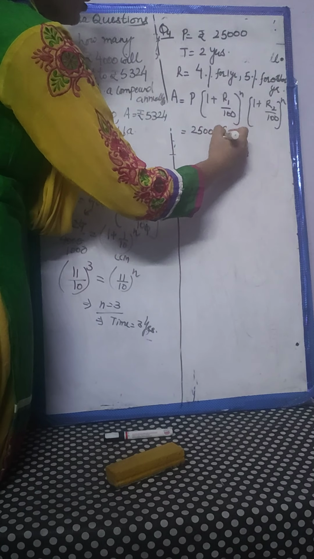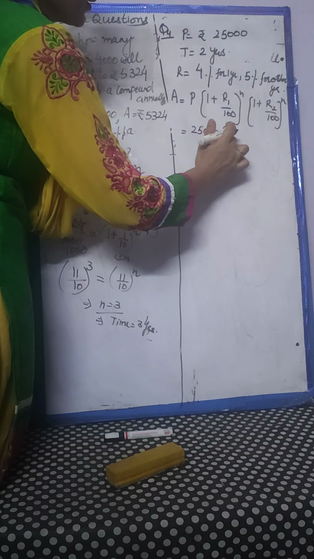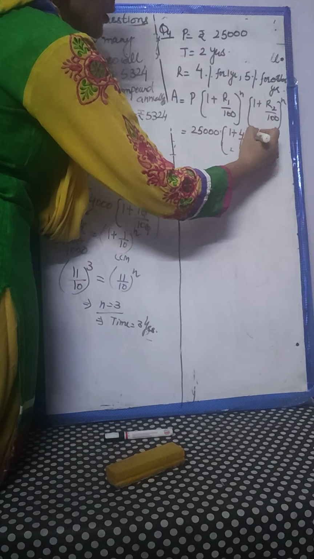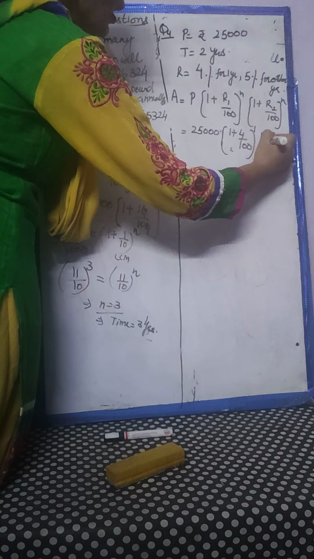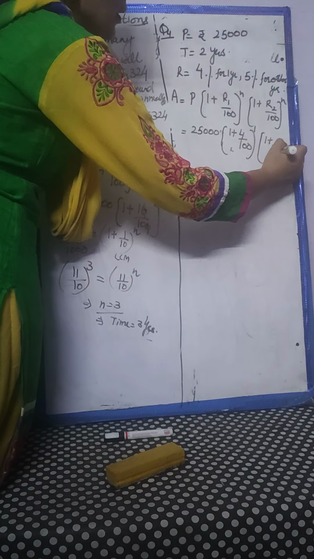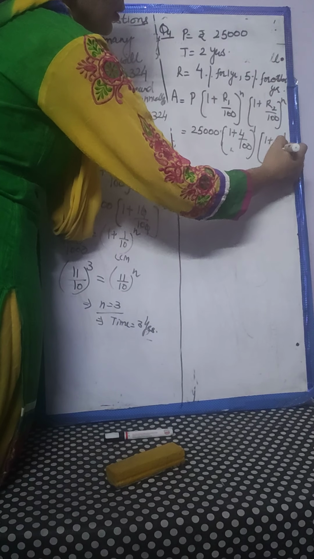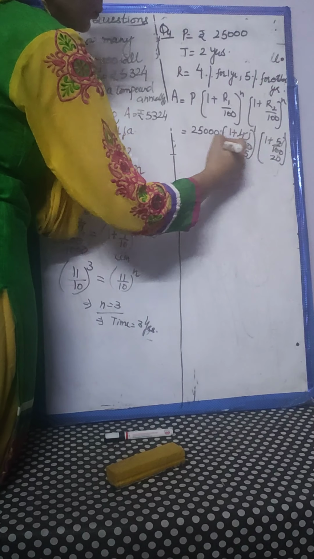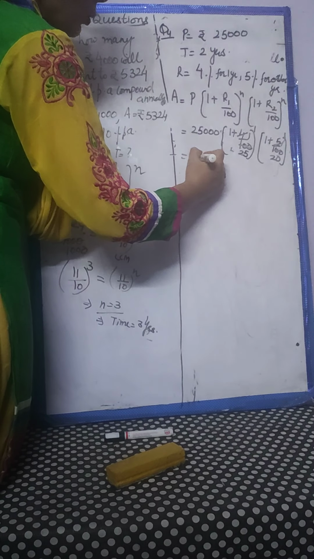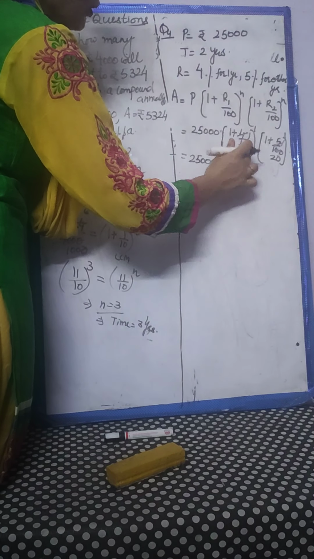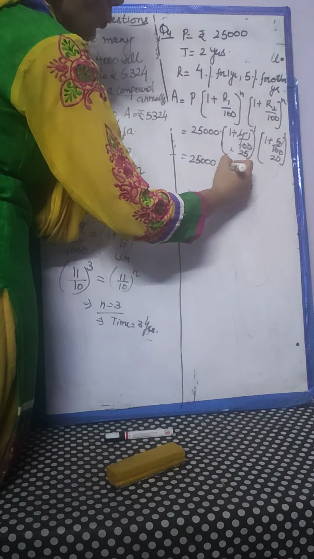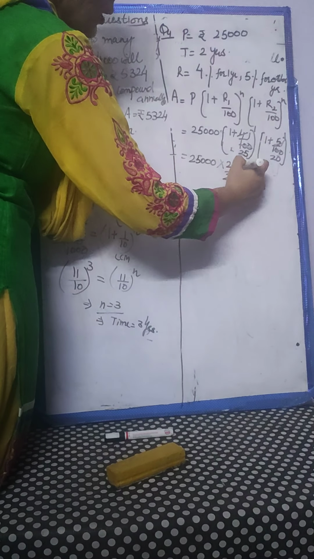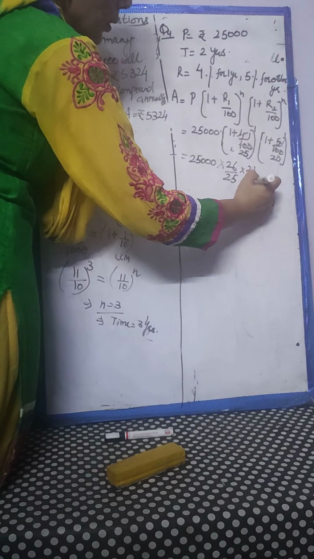Because there are different rates for different years, putting values: 25,000 into 1 plus 4 by 100 for the first year and 5 by 100 for the second year. So 25,000, 25 ones are 25 and 1 is 26 by 25, 20 ones are 20 and 1, 21 by 20.